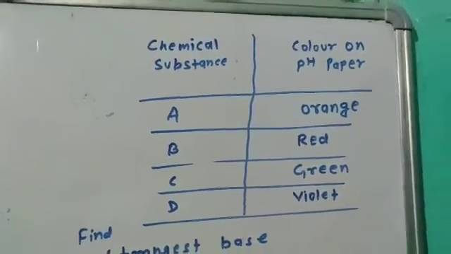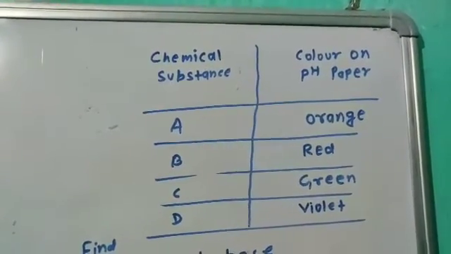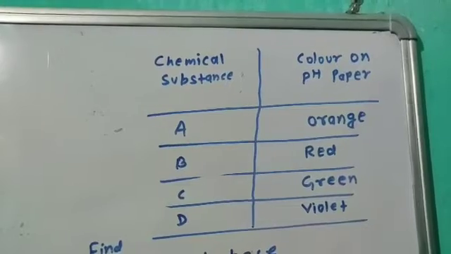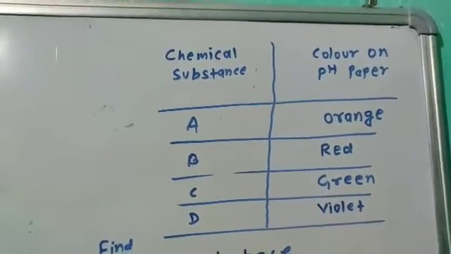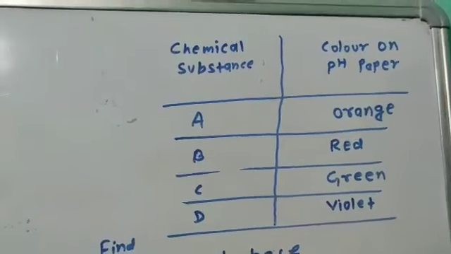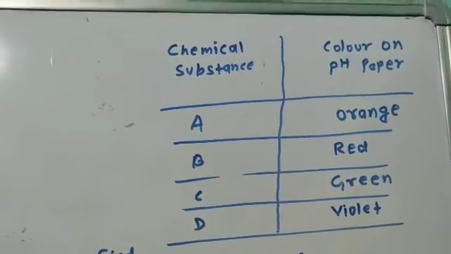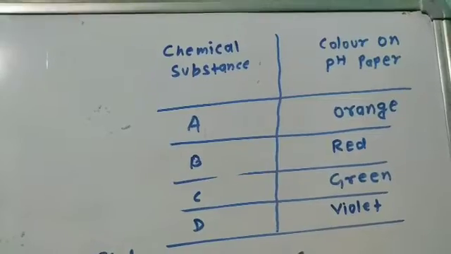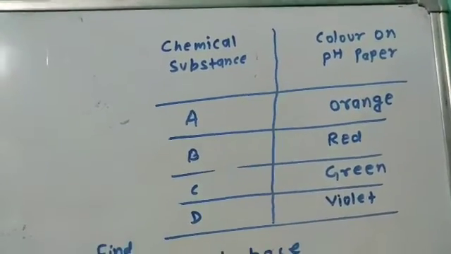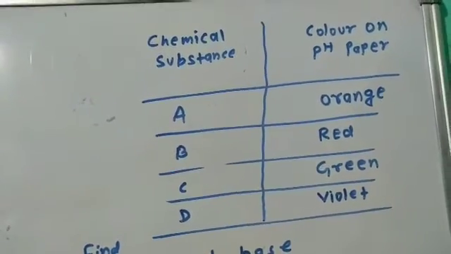Here, the colors of some chemical substances on pH paper are mentioned. Chemical substance A gives orange color, B red color, C green color, and D violet color on pH paper.